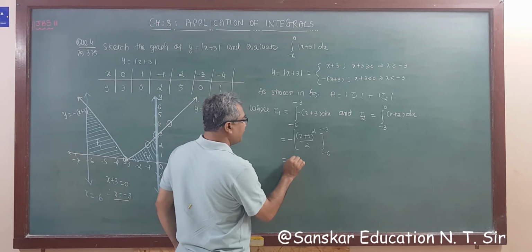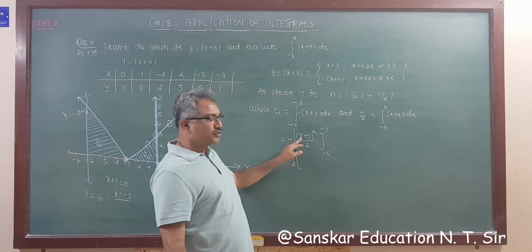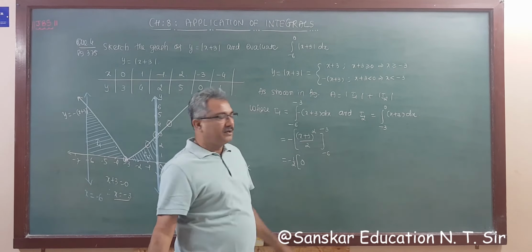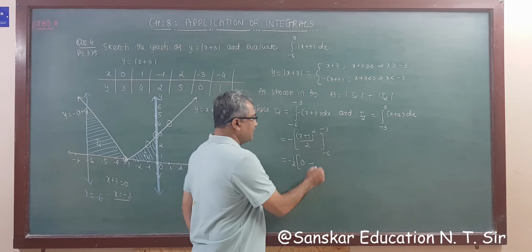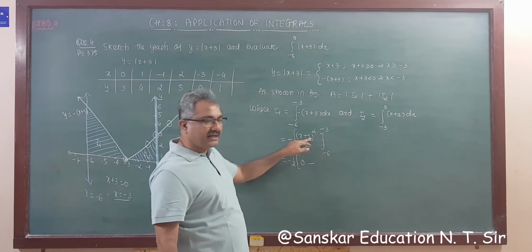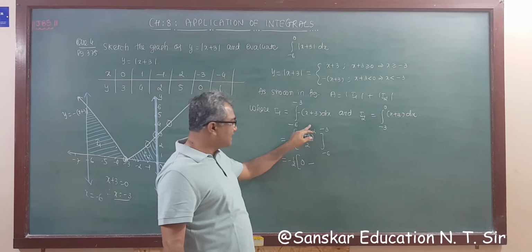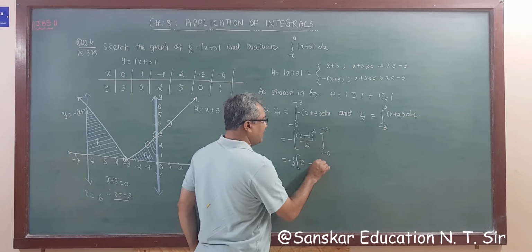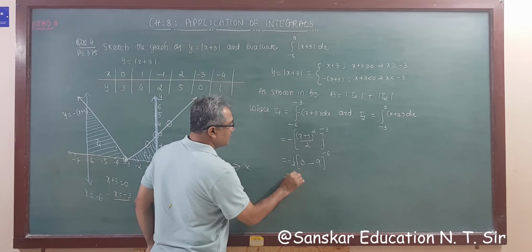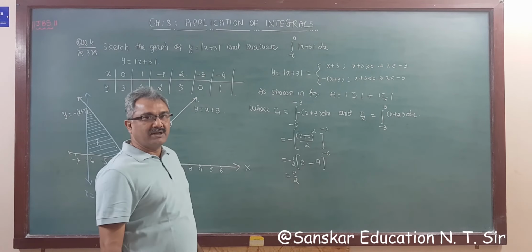If I substitute x equal to minus 3, then minus 3 plus 3 is 0, so everything is 0. Then, if we substitute minus 6, minus 6 plus 3 is minus 3, whole square is 9. So minus minus plus, the answer of this is 9 by 2.